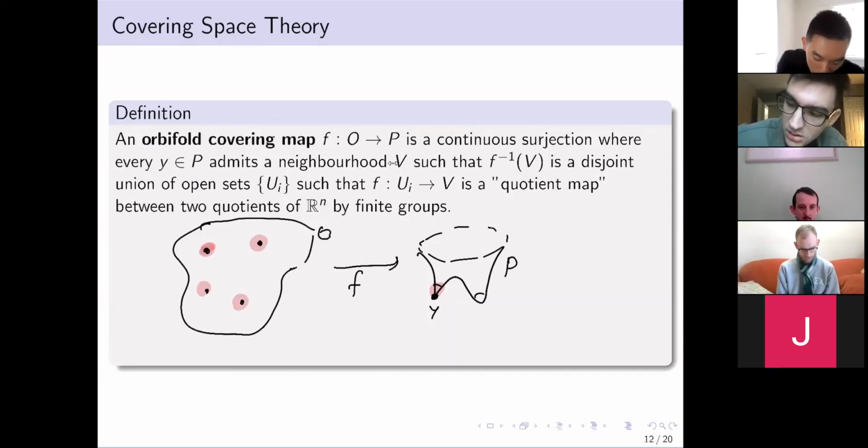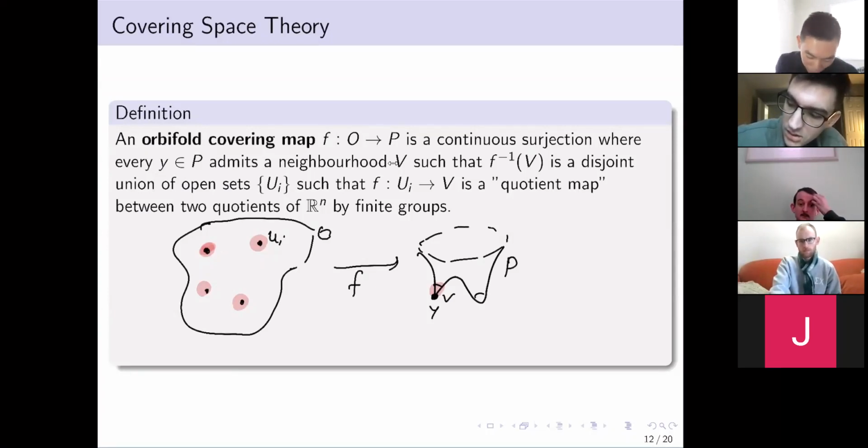And then at each of these neighborhoods, so this restricted to here, the action of F is not a homeomorphism onto this neighborhood, so Ui to V. It's not necessarily a homeomorphism. It can be allowed to be just a quotient map between two quotients of Rn by finite groups. What do they actually mean?